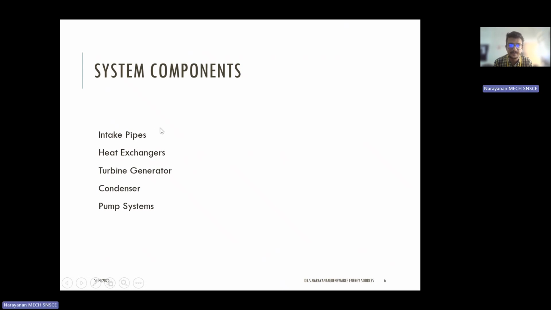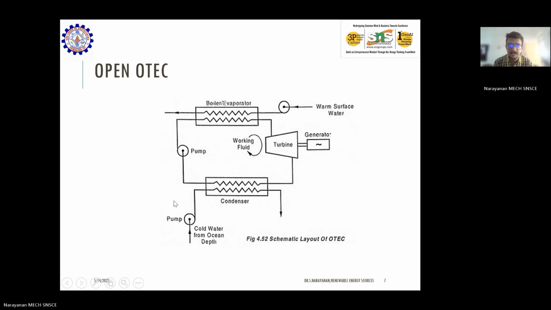System components: intake pipes for the transport of seawater, heat exchangers for transferring heat to the evaporator and absorbing heat from the condenser, a turbine for generating mechanical energy, a condenser for converting the working fluid from vapor again to liquid, and a pump for increasing the pressure of the liquid.